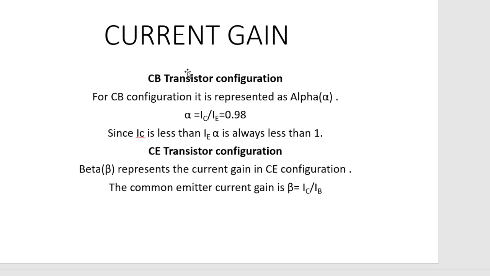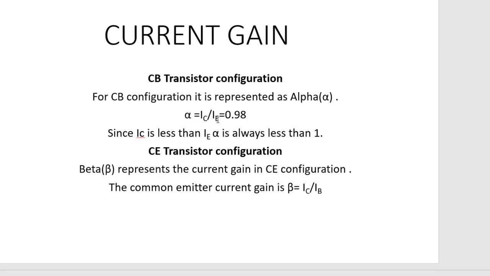For a CB transistor configuration, the output current is represented by IC and the input current is represented by IE, and the current gain of the CB configuration is represented as alpha. So alpha can be written as the output current IC divided by the input current IE.